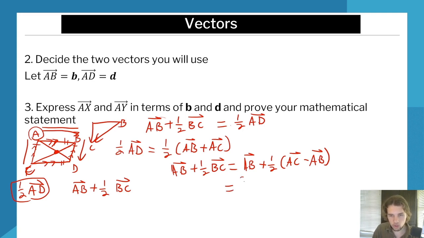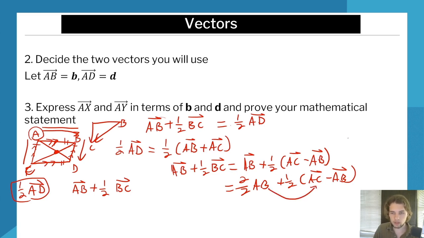We can do 2/2 A to B plus 1/2 AC minus AB. What this does is allow us to move this AB into the brackets, because we want this expression to look like this expression. If they are exactly the same, this proves that these two positions are exactly the same.